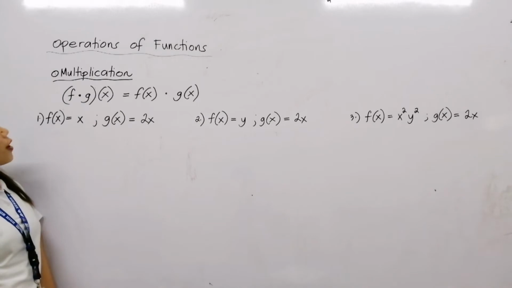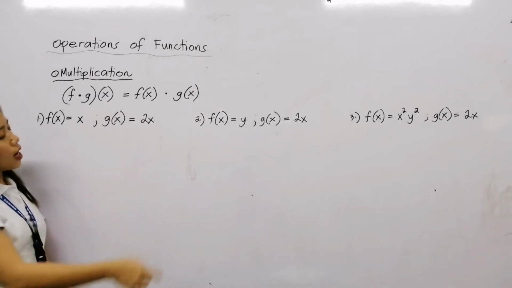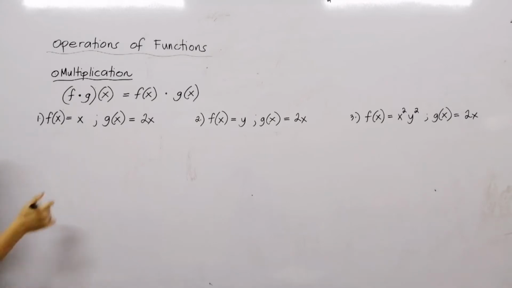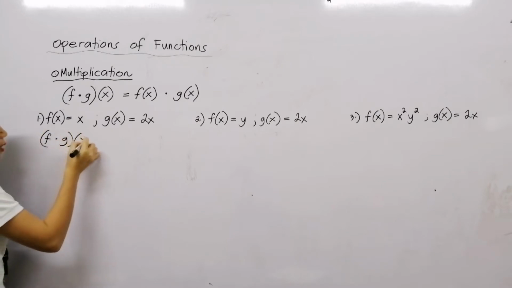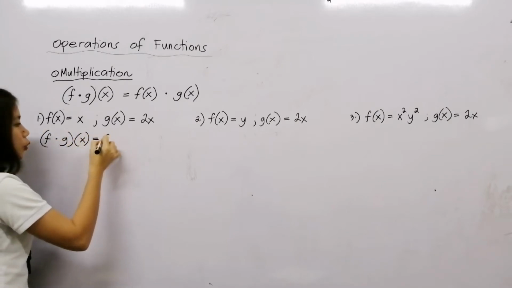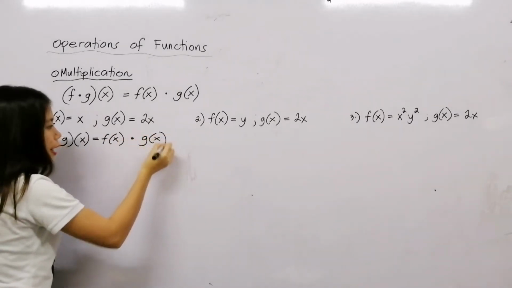Our value for function f is x and our value for function g is 2x. Applying our notation, we have f multiply to g of x is equal to f of x multiply to g of x.